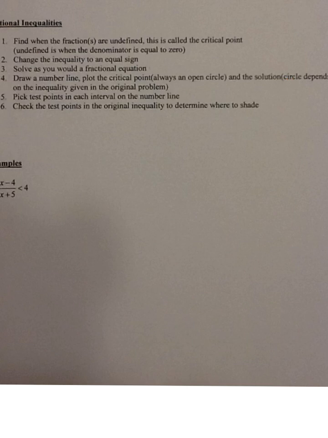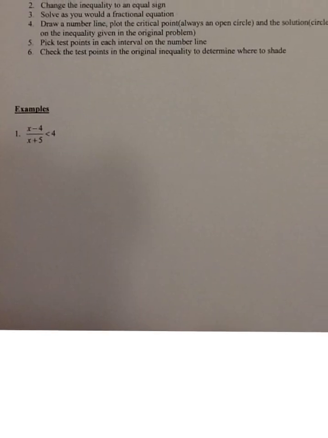If it's just less than or greater than, it's an open circle. Then you're going to pick test points in each interval on the number line. And then you're going to check your test points in the original inequality to determine where to shade. All right, and of course you need to make sure that you know how to represent the solution in multiple ways. All right, so let's take a look at number 1.